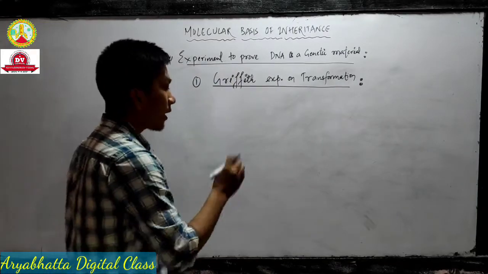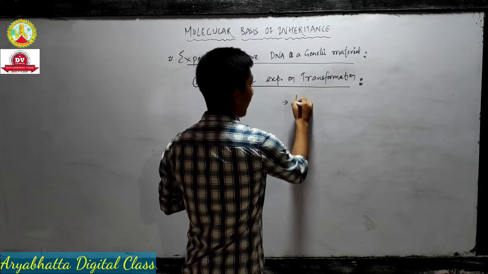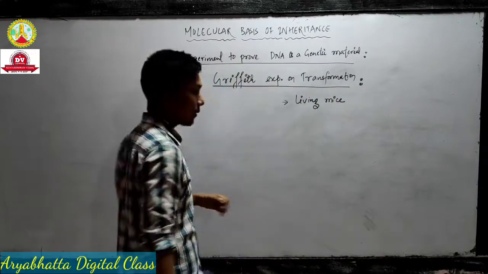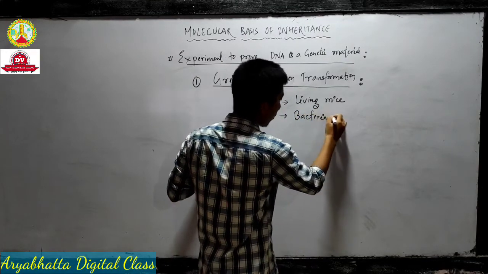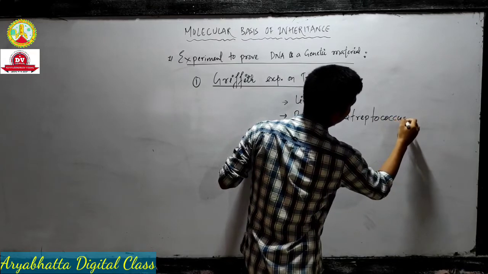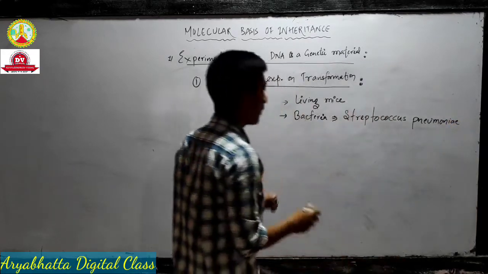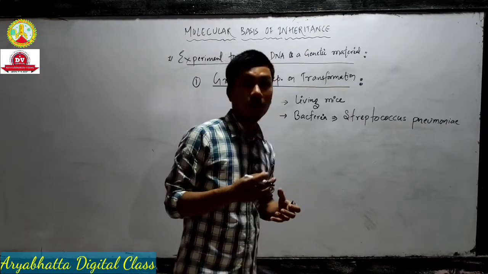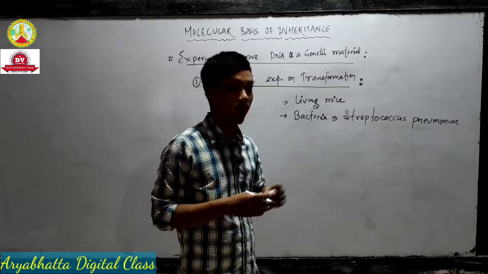So in his experiment he used two things: a living mice and a bacteria called Streptococcus pneumonia, a particular bacteria which causes pneumonia disease in living organisms.